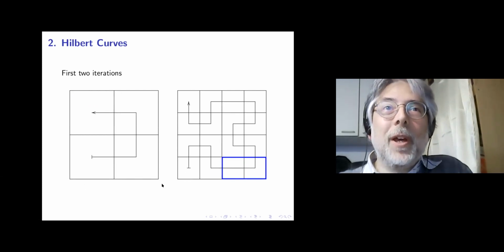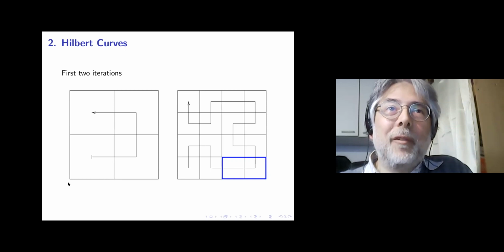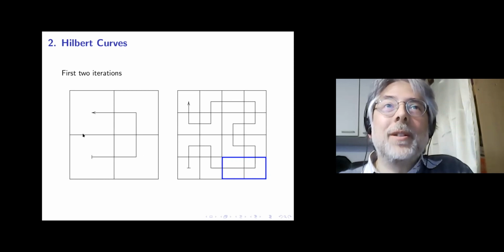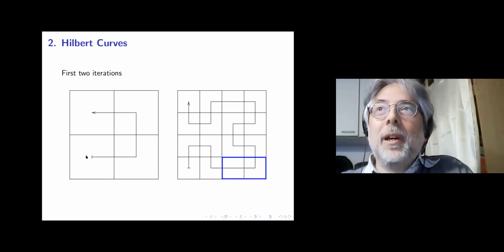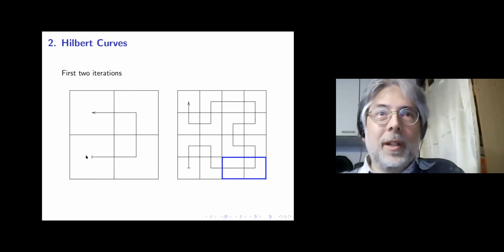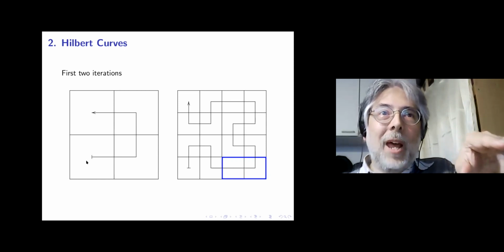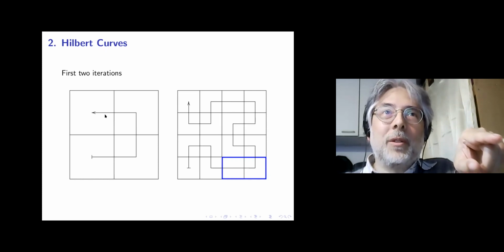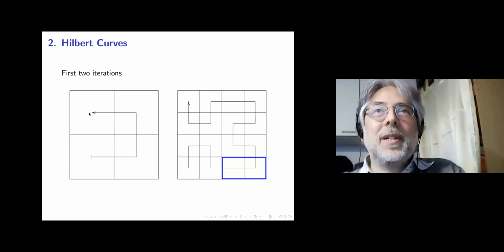So you have your square, and then you take the half of each coordinate axis. Then you get, that means you get 4 smaller squares, and then you pass through those squares in a curve that goes from the bottom left, going this way up, and then to the top left.